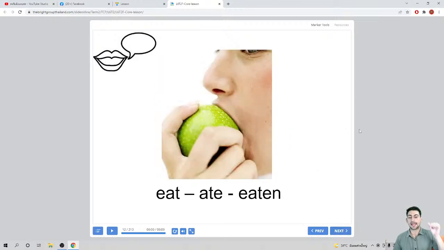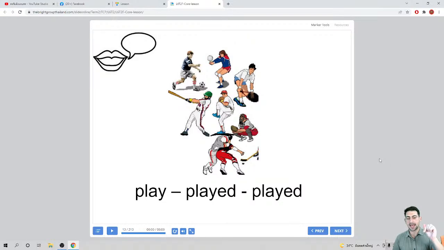Next we have eat, ate, eaten. One more time. Eat, ate, eaten. Very, very good. And vocabulary word number 4. Play, played, played. Good job, class. Very, very good.